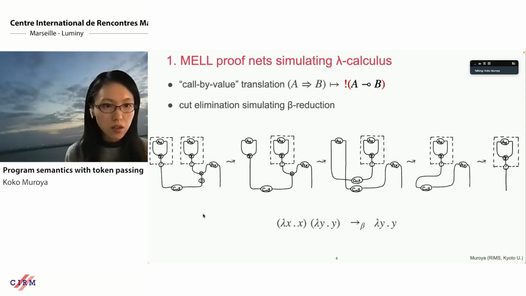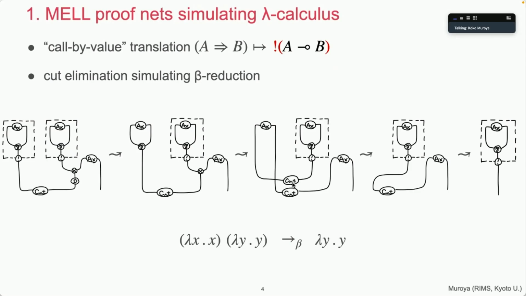When you look closer, the first cut elimination deletes this box, the second one deletes these multiplicative nodes, and then the third and fourth eliminate pairs of an axiom node and a cut node. In this case, all the cut elimination steps are just simplification of the proofnet that we started with.